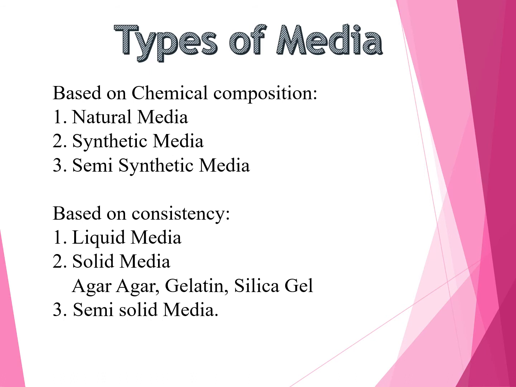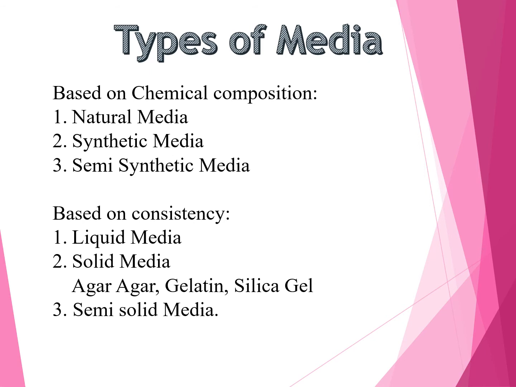Another criterion for classification is on the basis of consistency. A liquid media is sometimes referred to as broth. The media which provides a film surface on which cells can grow as discrete colonies are called solid media.